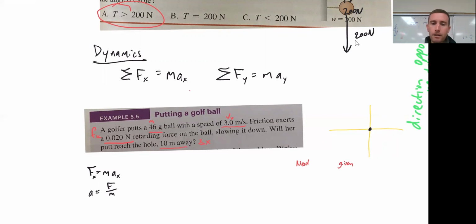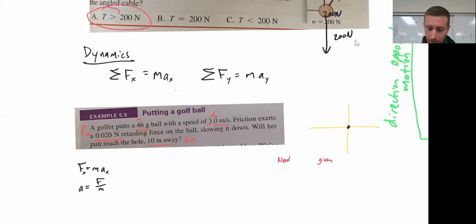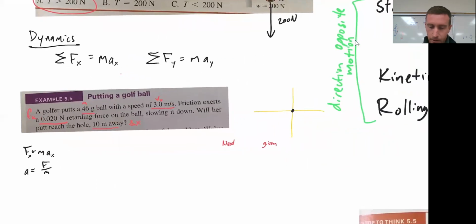All right. So I'm going to start by drawing my force diagram because this one seems to have some stuff going on. I know that I have a weight force, W, and that's going to be balanced out evenly, sorry, this should be vertical, by a normal force, because it's on a putting green, so that's a flat surface, and it's not going into the ground, so those should balance. When it's rolling, the only other force on it is that force of kinetic friction, slowing it down.